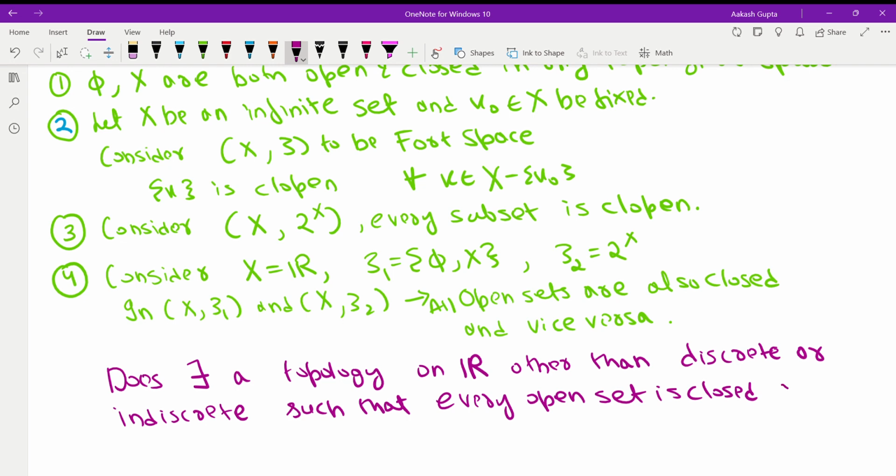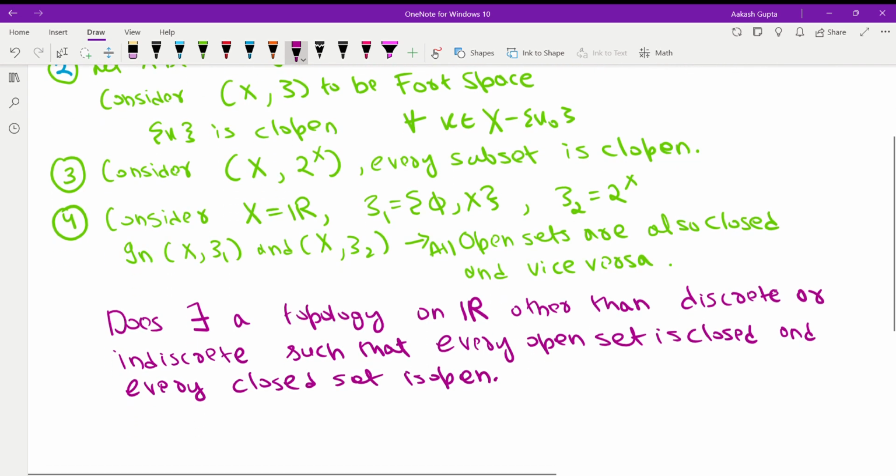What I mean by vice versa is, every closed set is open. So other than these two topologies, do you have any other topology? That is my question to you guys.